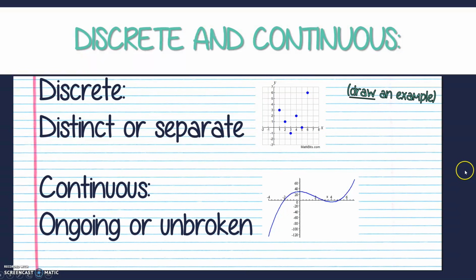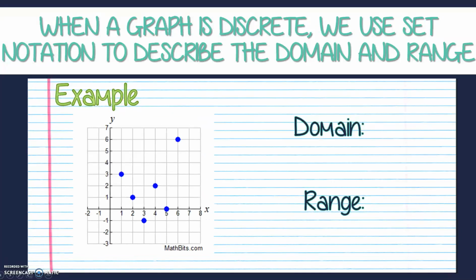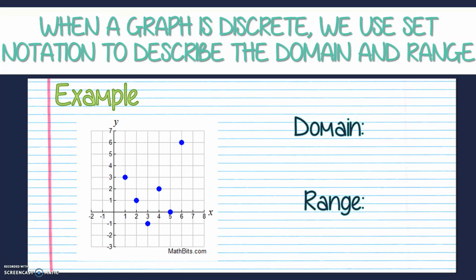A continuous graph is ongoing or unbroken. That's the way that you can think of that. Make sure you draw these examples inside your notebook, as it's very important to see the difference between the two. But again, you might have some broken pieces within discrete, and a continuous graph is never broken.